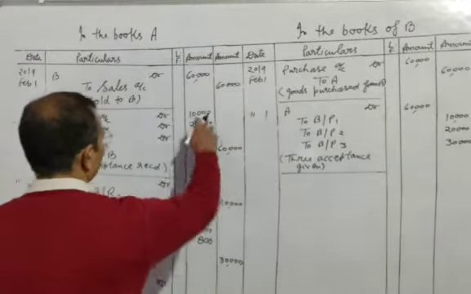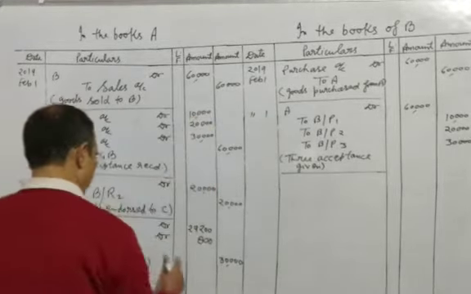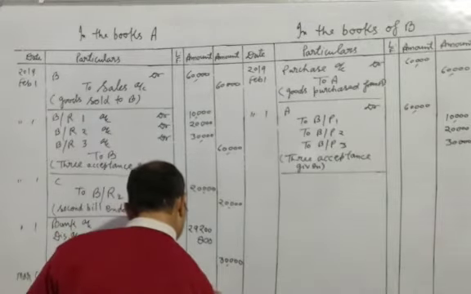And what was the amount of the first bill? You can see here rupees 10,000.